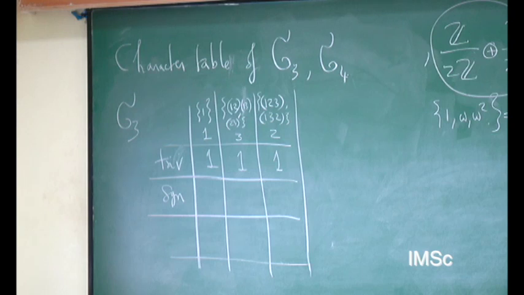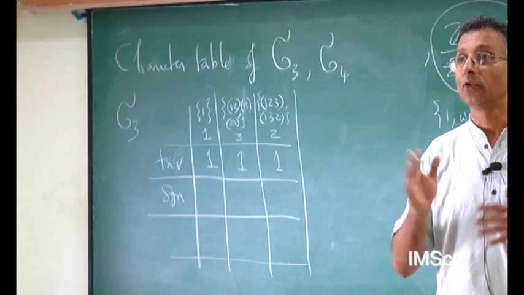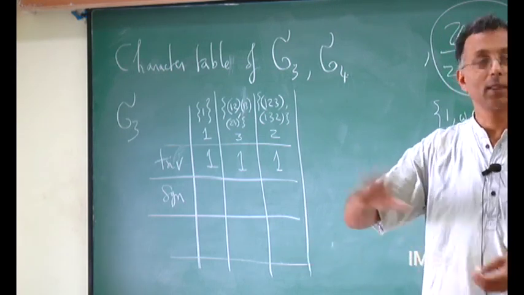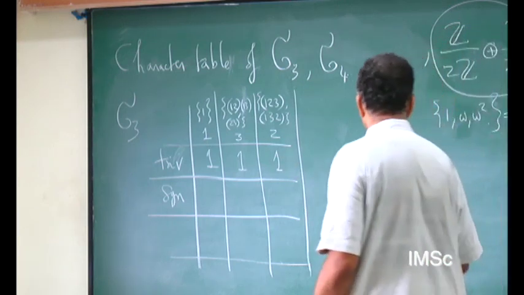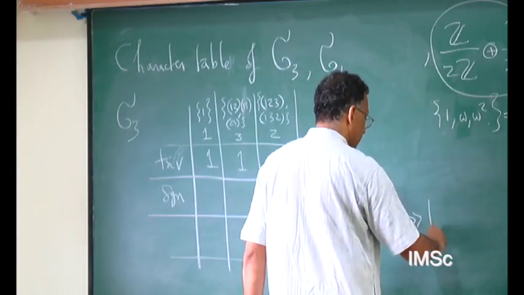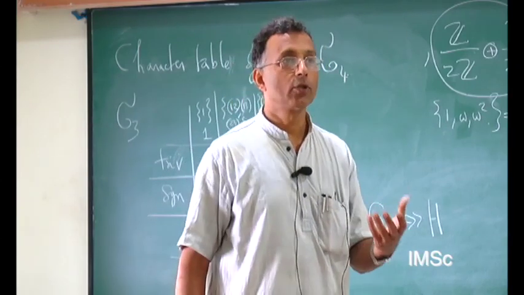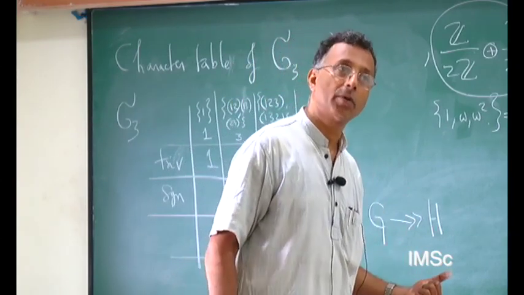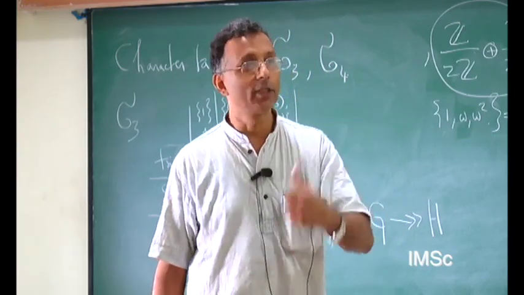One observation, trivial but important: if you have a quotient group, all its representations are representations for the group. If I am seeking the representations of G, and I have a quotient H, any irreducible representation of H can be thought of as an irreducible representation for G, just by pulling it back.